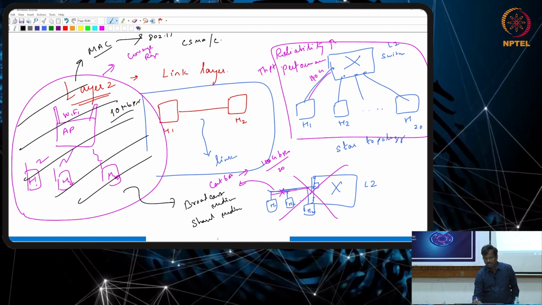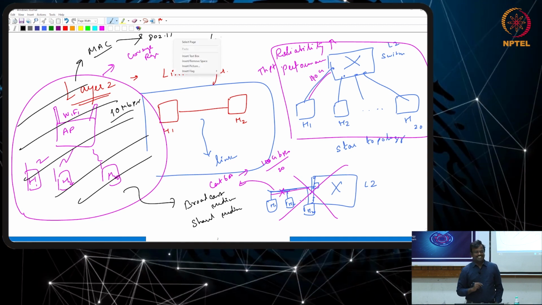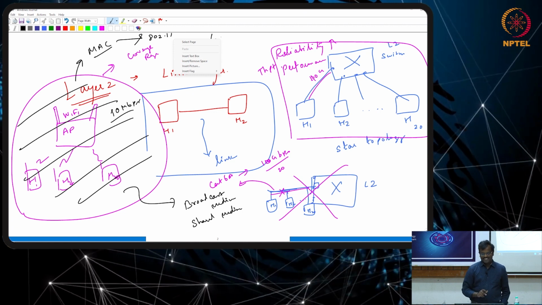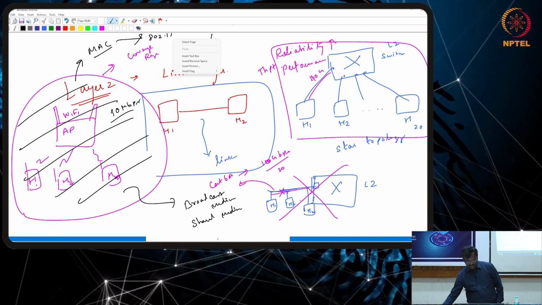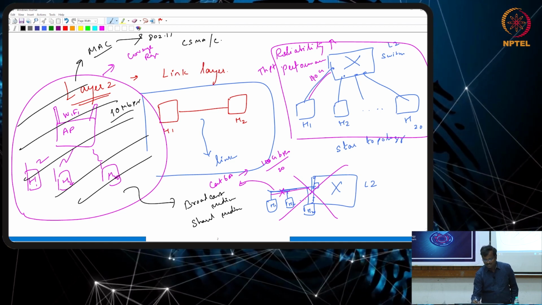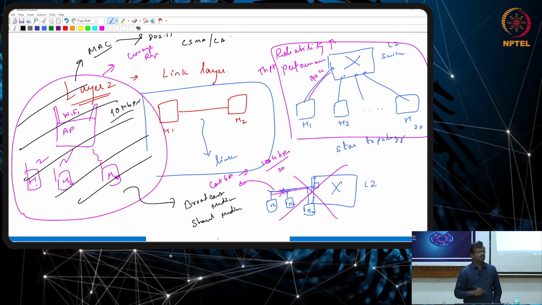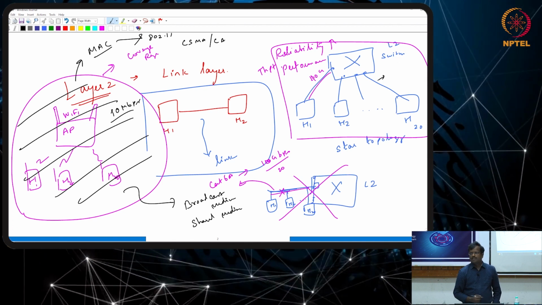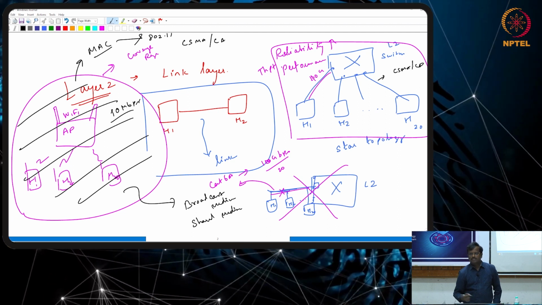CSMA. Just think one more time. CSMA. There are two types of variants. CSMA/CA, collision avoidance. In Ethernet, the MAC protocol that is used is CSMA/CD.